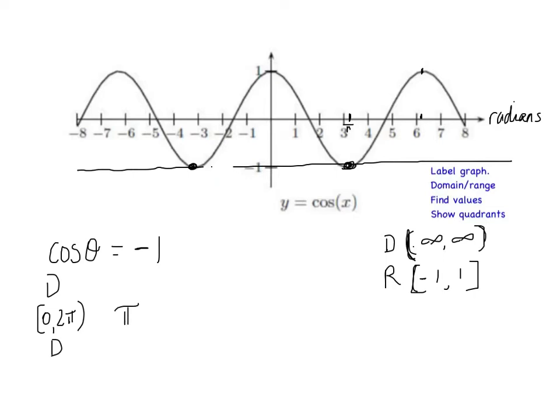But if I wanted to do the whole domain, from negative infinity to infinity, then I would have to add all those iterations, and they would all be 2 pi apart.